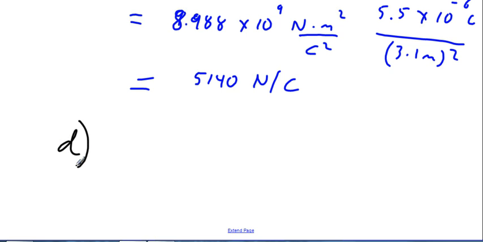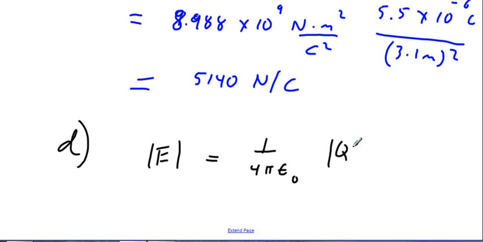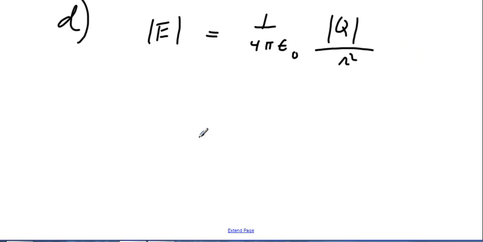And I look at the D answer, and I'm going to use the same exact formula. E is 1 over 4 pi epsilon naught times Q divided by R squared, and I put in my calculator 8.98 times 10 to the 9th.